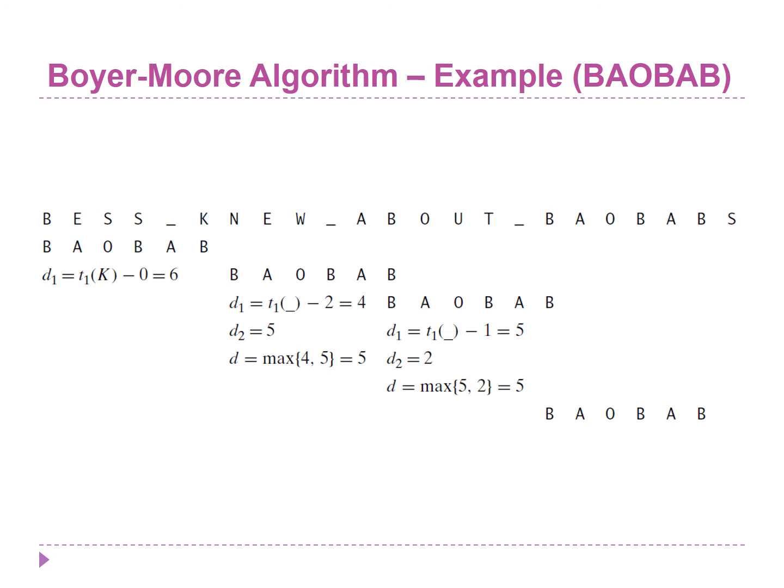Hence the shift is max of d1 and d2, which equals 5. Hence the pattern BAOBAB is shifted to the right by 5 positions, and at this position the algorithm finds a match of the pattern with the text.